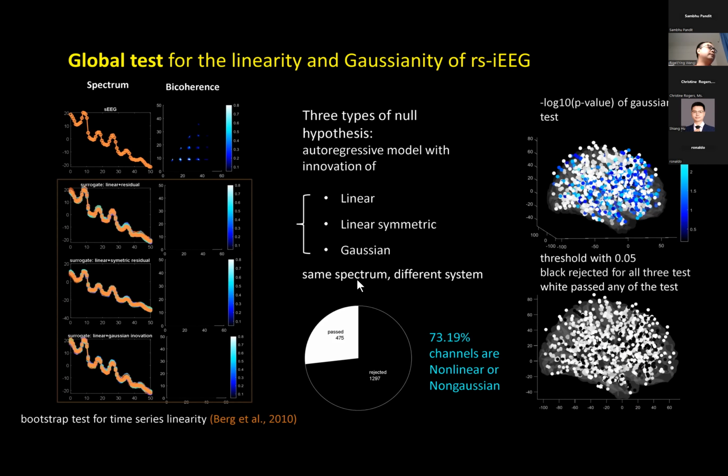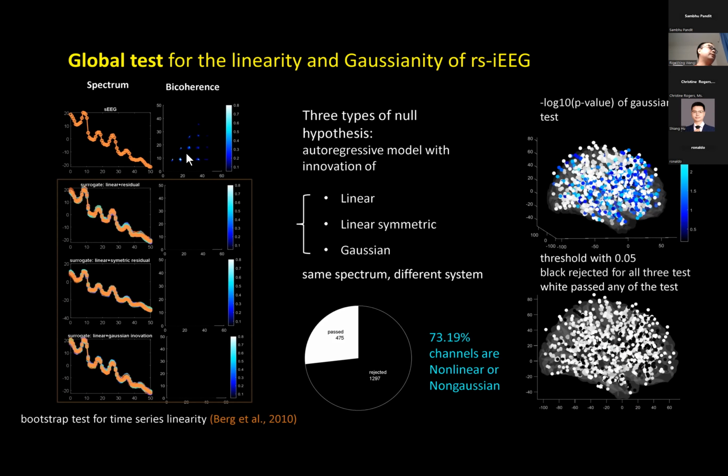And the final, the simplest one, is the Gaussian process. We use the fitted linear autoregressive model and add Gaussian innovation. From the diagram of spectra, you can see all these four look the same, but the bicoherence is totally different.